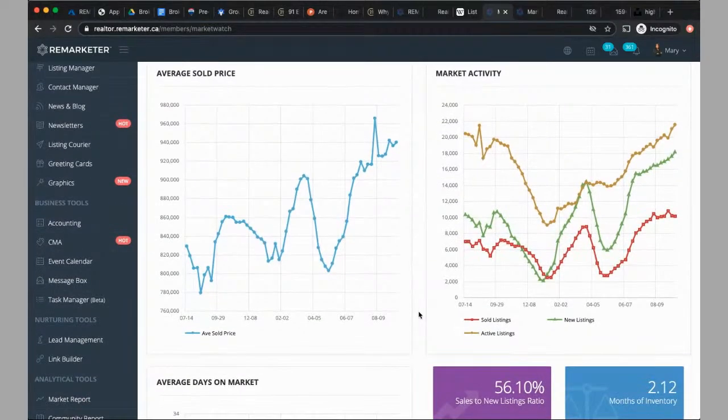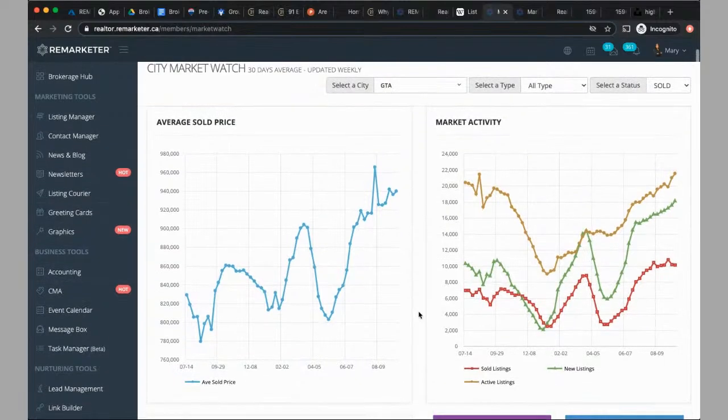So these indicators are calculated based on live information, the actual sold data that we're capturing in our database. This is not official, obviously, it's our calculations, but it's the actual numbers that we're getting.